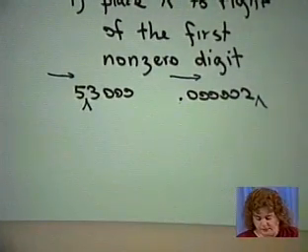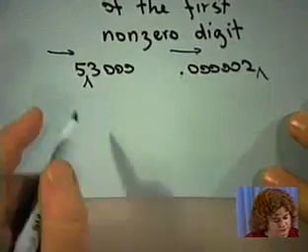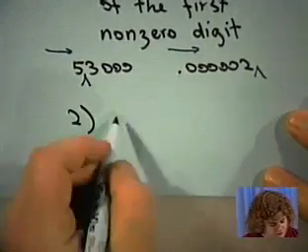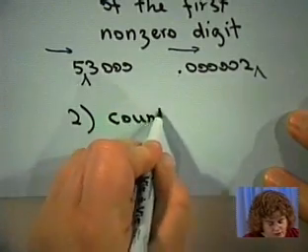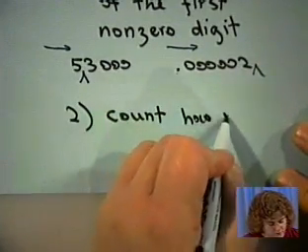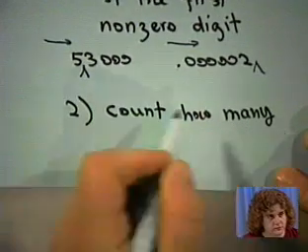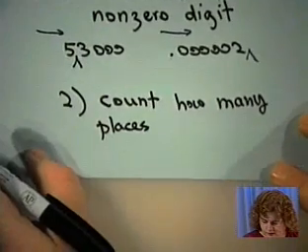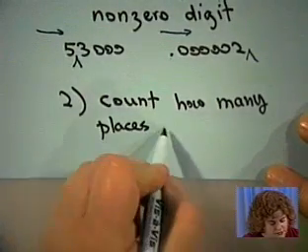Our second step in our recipe is going to be to count. And we're going to count how many places you will be moving the decimal.